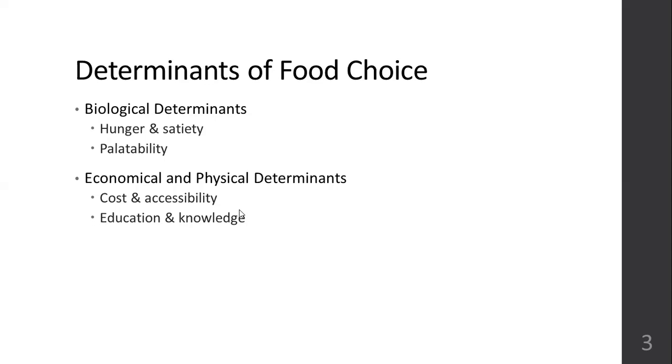Even a regular layman who uses media, social media to an extent, will have some knowledge of what food is good, what is not good, how much they should eat. Some aspects of nutrition knowledge people do have, so that also determines what food they will have.